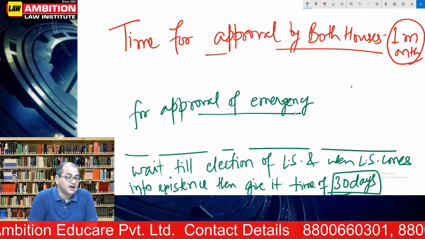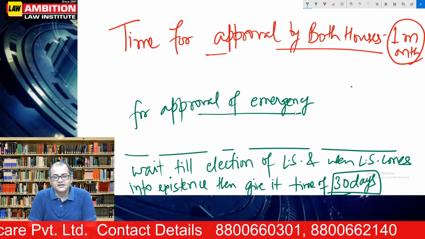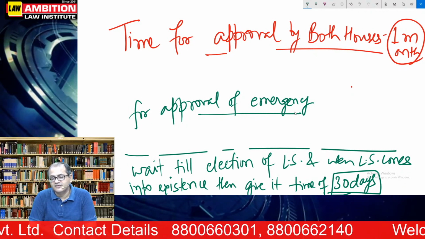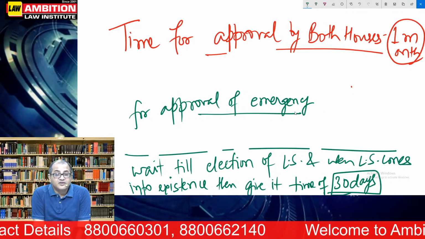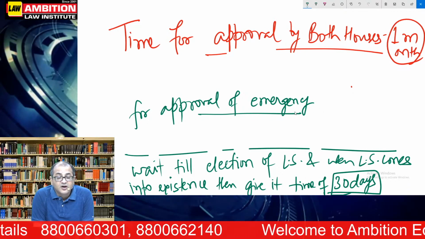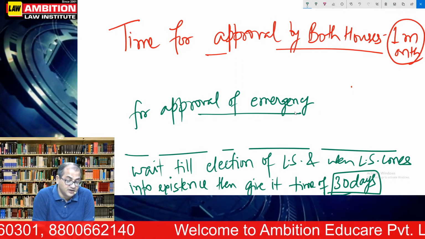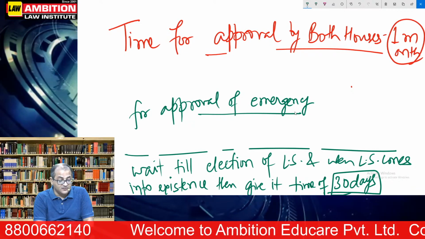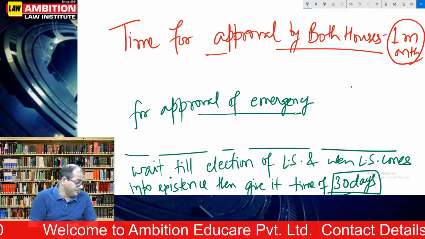Now, for how many months emergency will remain in operation, that is, and how many years, there is no upper limit. Now see, once emergency was imposed, I tell you, in 1971, after this Indo-Bangladesh war, I have written in your material also.